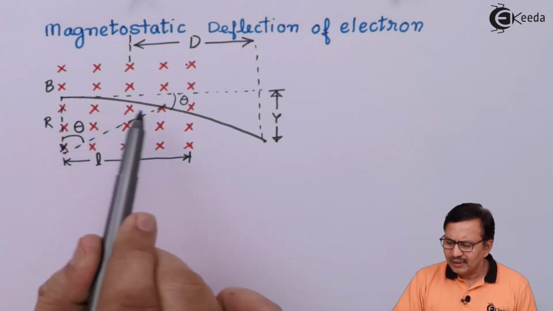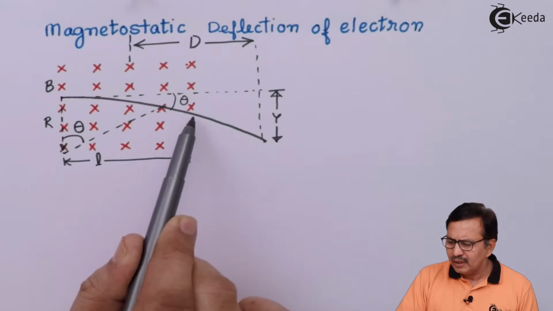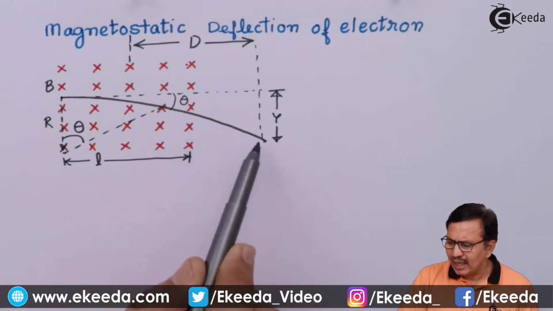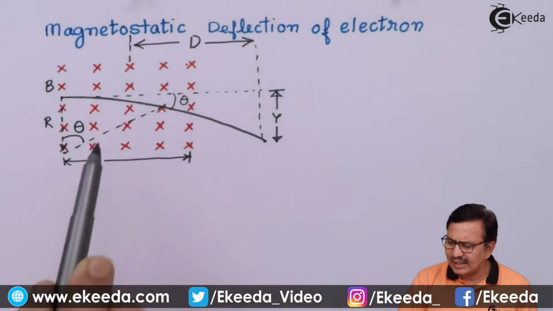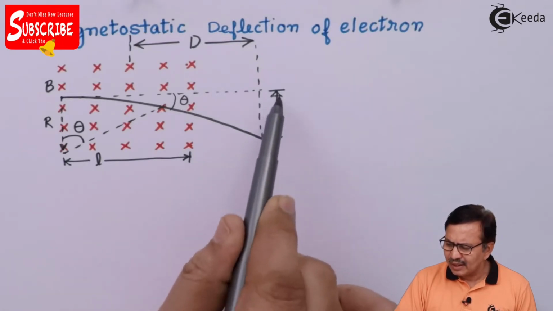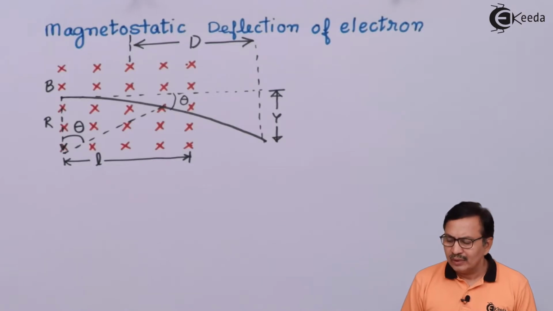So after it emerges out from the magnetic field, it will trace out a path, and ultimately it will strike a screen at a distance d from the magnetic field, and it will strike the screen at a distance y. L is the length of the magnetic field.